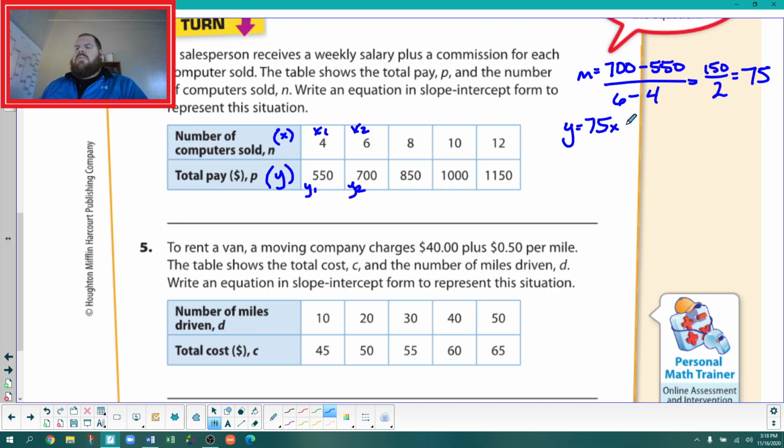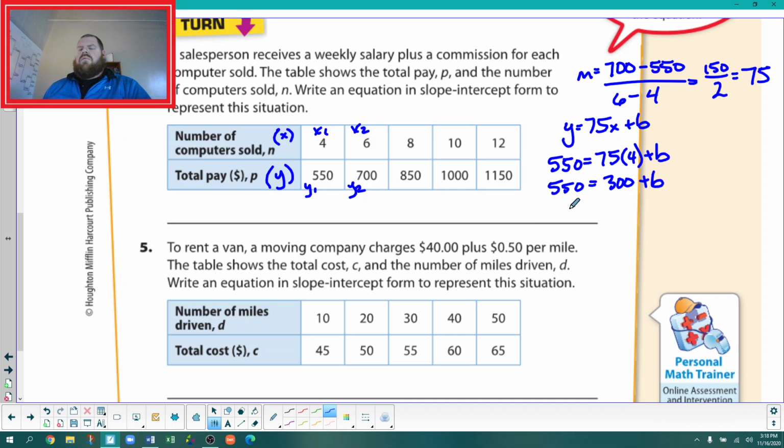75x plus b. And plug in any point you like. I'm going to stick with the first one just because the numbers are the smallest. I have 550 equals 75 times 4 plus b. 75 times 4 is 300. So I have 550 equals 300 plus b.